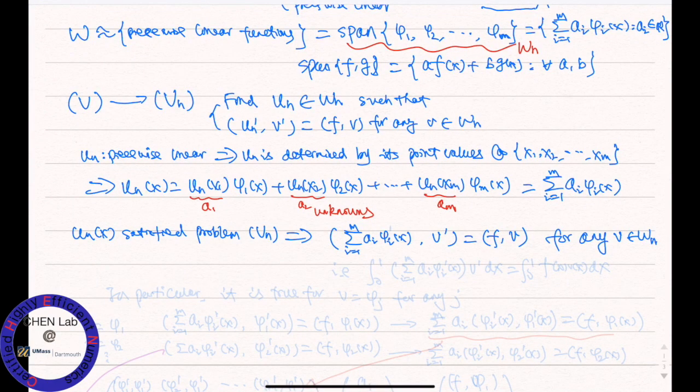So in particular, if you tell me these two integrals are the same, i.e., the parenthesis means integration, i.e., if we integrate the sum from i = 1 to m of a_i phi_i prime of x, here u prime is the sum of a_i phi_i prime, this whole thing multiplied with v prime of x, integrated with dx, this is equal to the integral of f(x) v(x) dx, okay?